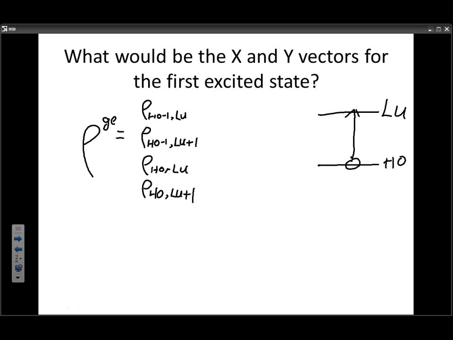So if we don't consider the electron and hole interaction, only this component is equal to 1, and all other elements are 0. How about rho EG?